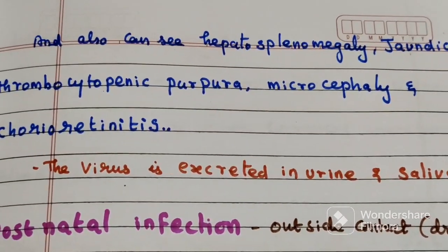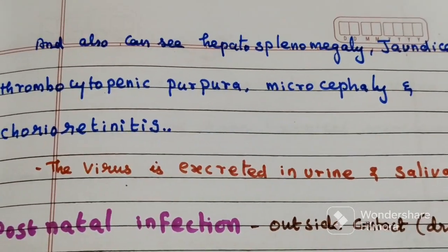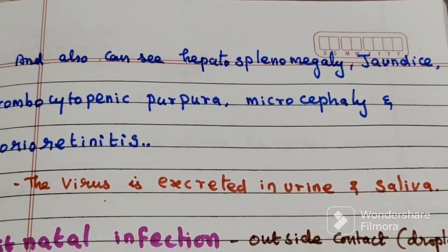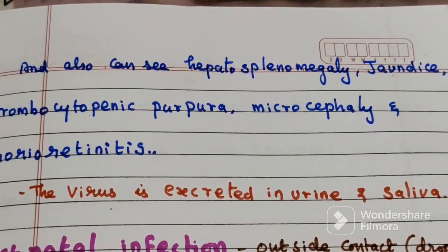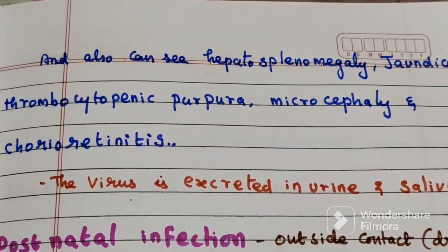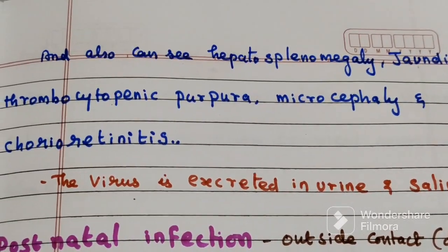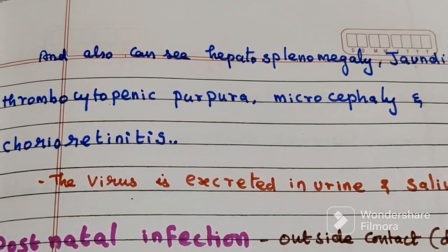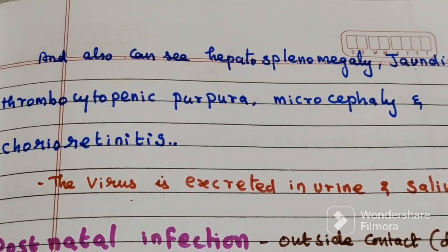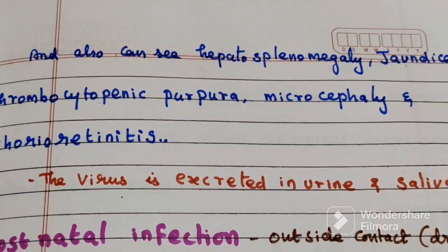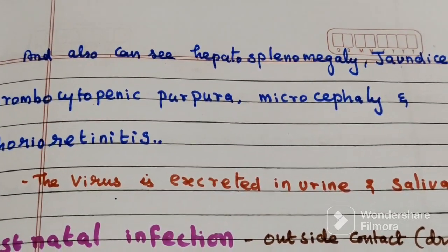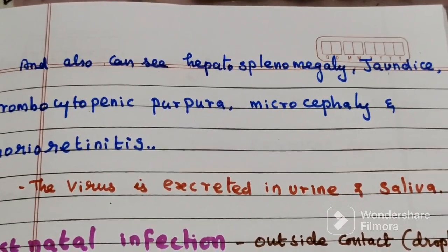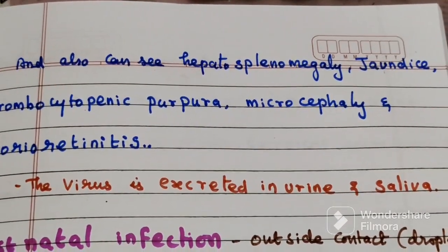We can also see hepatosplenomegaly, inflammation in liver and spleen, jaundice, then thrombocytopenic purpura. Thrombocytopenic means decreased platelet count. Due to this decreased platelet count, blood will coagulate within the blood vessels. Then it specifically targets the neural cells of the body.